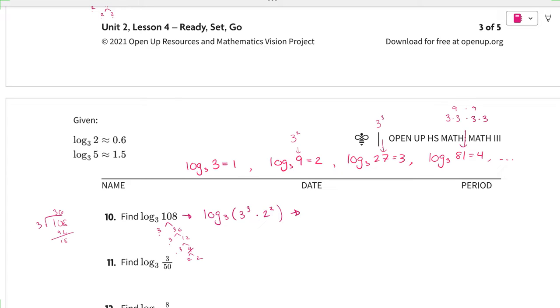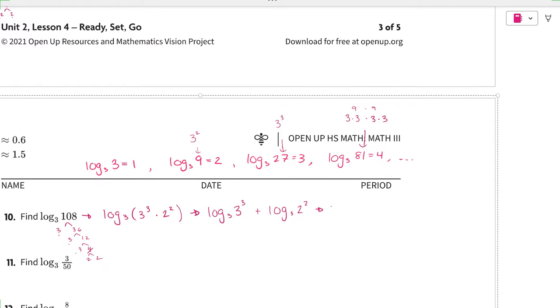So this becomes log base 3 of 3 cubed plus log base 3 of 2 squared. So if I use the power property there, I can bring that 3 in front. 3 times log base 3 of 3 plus 2 times log base 3 of 2. Well, log base 3 of 3, this is just 1. Plus 2 times 0.6.